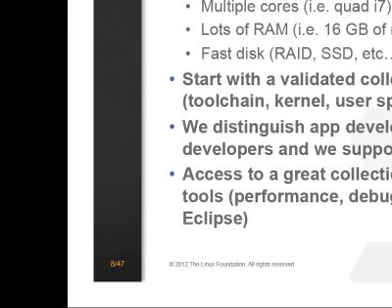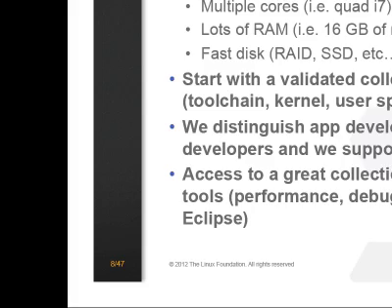So why should the developer care about this? The Yocto project allows the developer to build a complete Linux system from source in about an hour. And this customized Linux can support multiple cores. It has support for lots of memory, and also it has a fast disk.